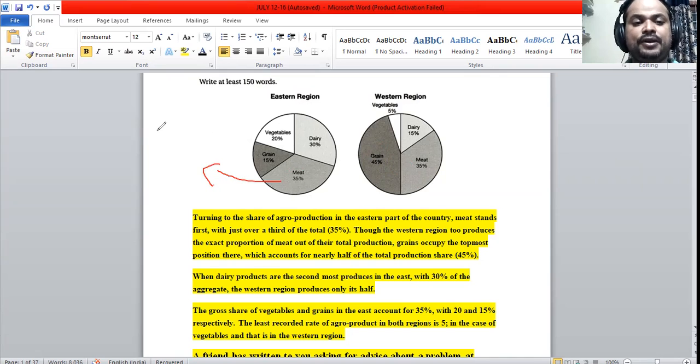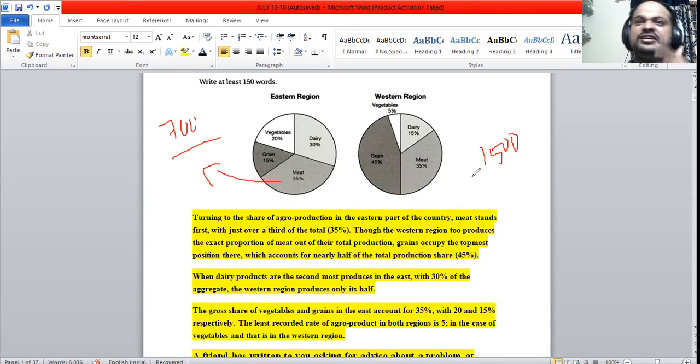If the meat production is 700 tons here, the meat production there may be 1,500 tons. So the production may be more in the western region, and less in the eastern region. The total production may be... I don't have the data.